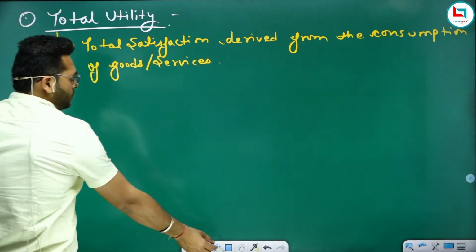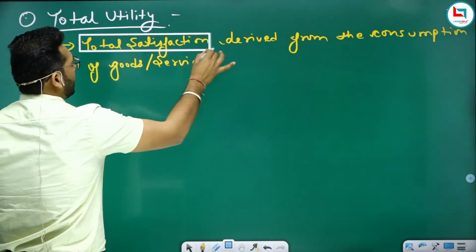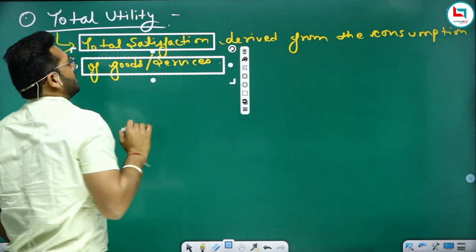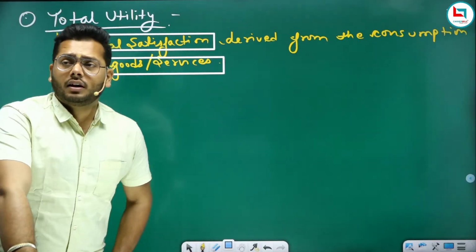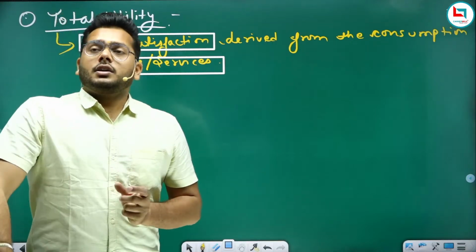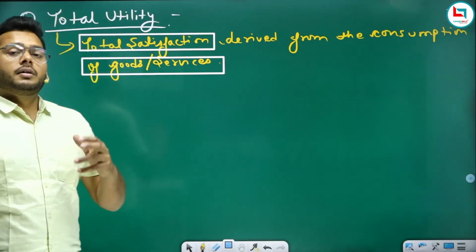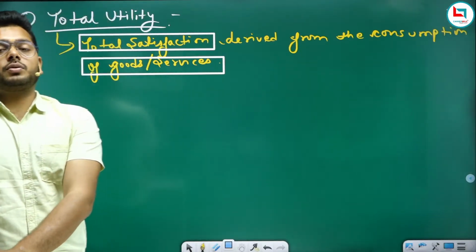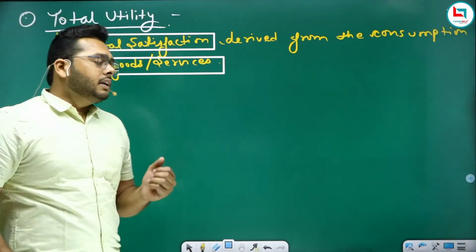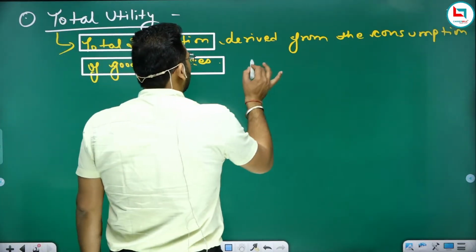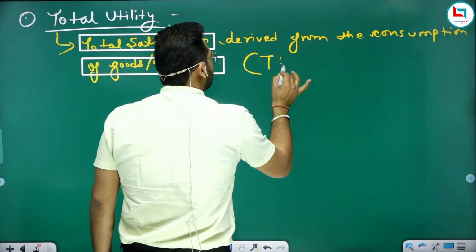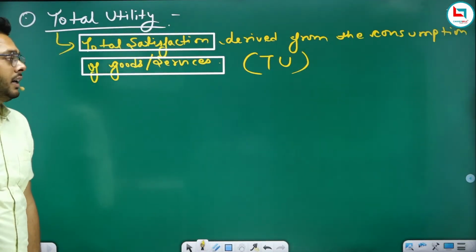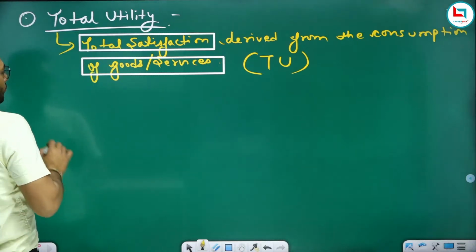We will try to understand the formula also, which we can write after understanding the concept of marginal utility. In short, we use total utility as TU. TU means total utility. Now the next one is marginal utility.